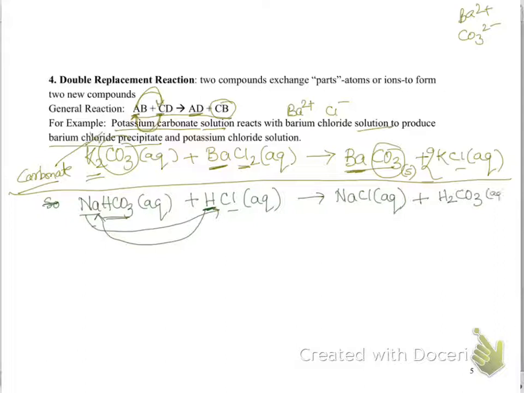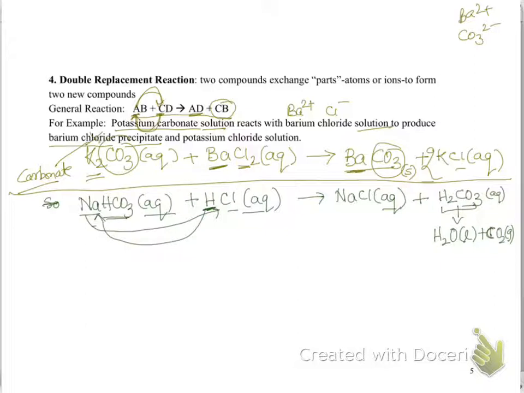This is also aqueous. Now we said if everything is aqueous it means no reaction, but then how come the reaction is taking place? Because this carbonic acid, when it is formed, immediately breaks down to produce H2O, water, which is liquid, and carbon dioxide gas.